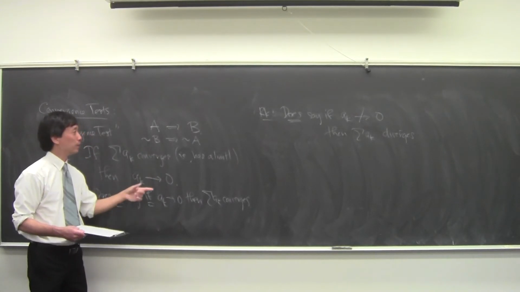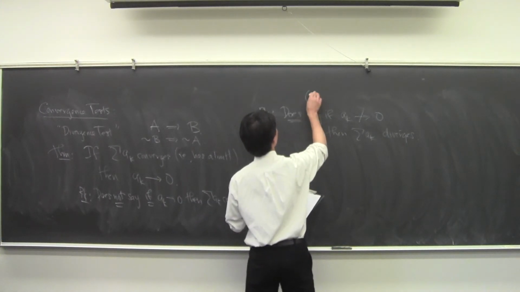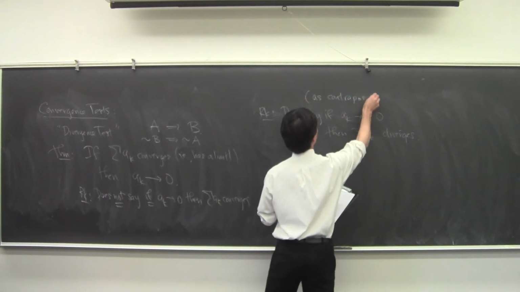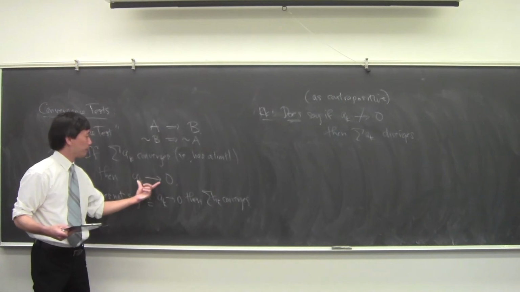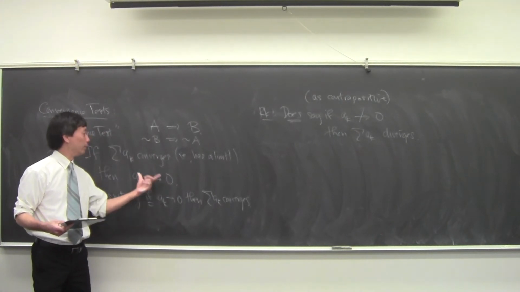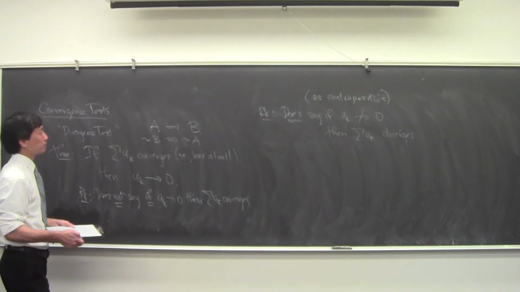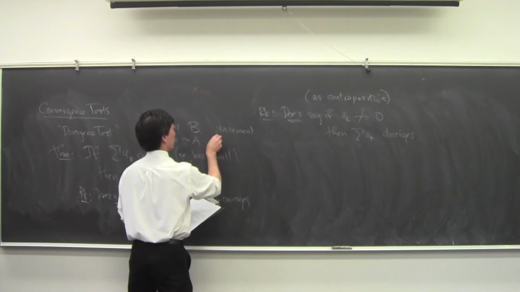So this is the statement and its contrapositive: if the terms don't converge to 0, then the sum must diverge.